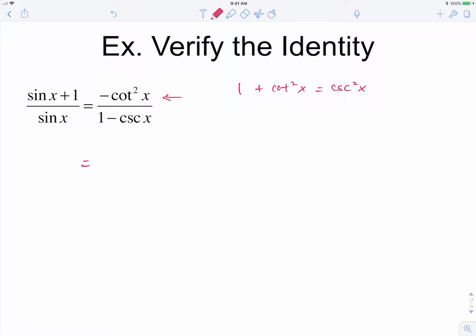Okay, so if we were to subtract cosecant squared from each side and subtract cotangent squared from each side, we would get 1 minus cosecant squared is equal to negative cotangent squared. So I'm going to replace negative cotangent squared with 1 minus cosecant squared.